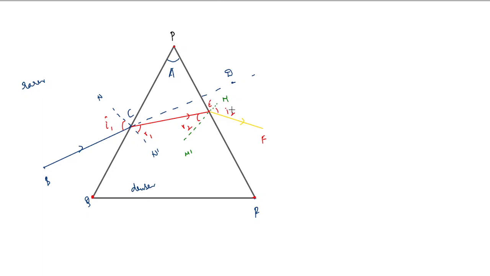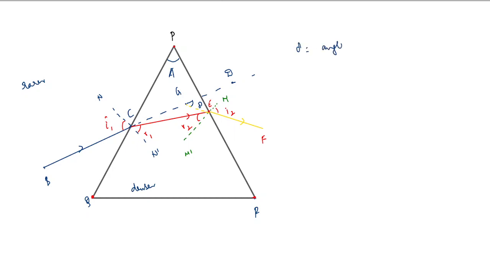Now the light ray, instead of coming along CD, comes out as EF. So if we draw this EF backwards, the angle it makes here, at this point G, is called delta.